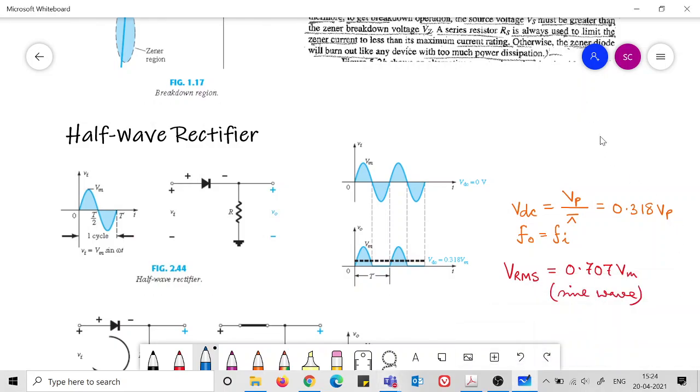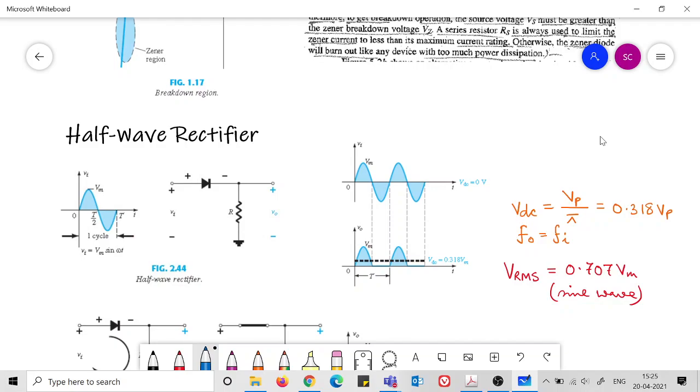Anyway, since you know these things, that is good, and you know that for any alternating signal, there would be a DC component if we pass that signal through a filter. So what would that DC component be for a half wave signal like this?